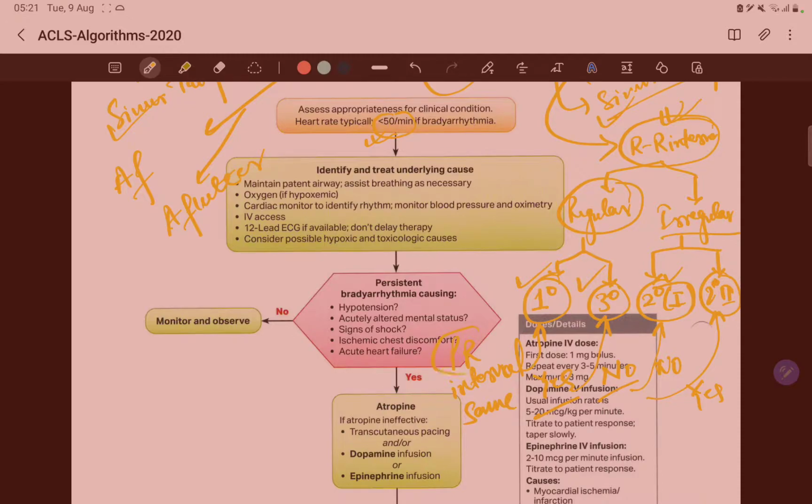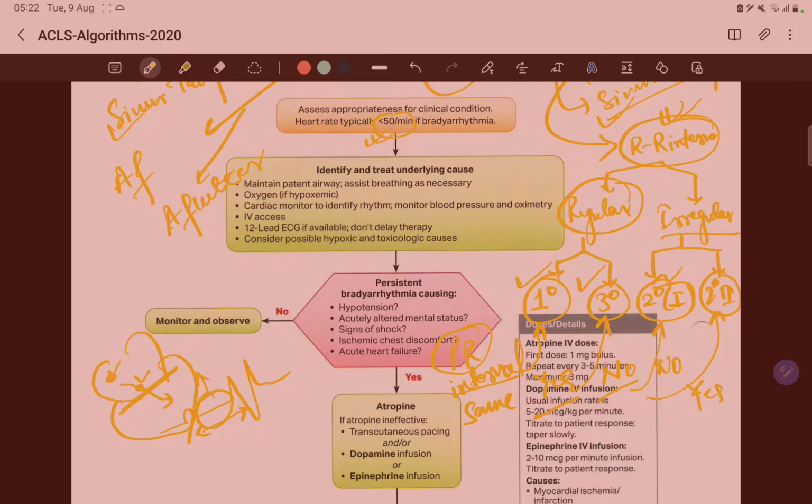Now the PR interval: if it is increased, it shows a block in the AV node. It is the time taken for the electrical impulse to pass from the SA node to the AV node, through the gap junctions present in the AV node area.